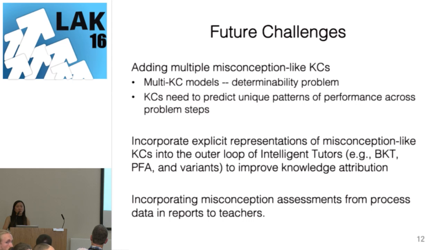I kind of mean to see an interaction between the correct rule and the misconception. The more proficient I become in what I should be doing, the more I forget what I should not be doing.